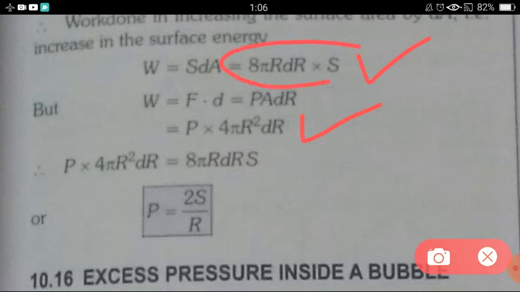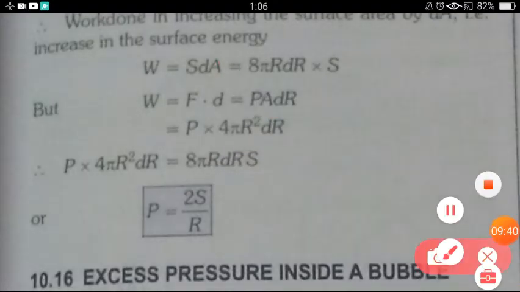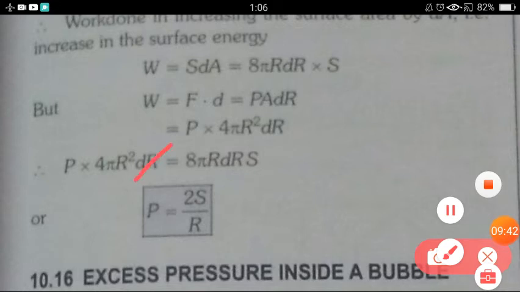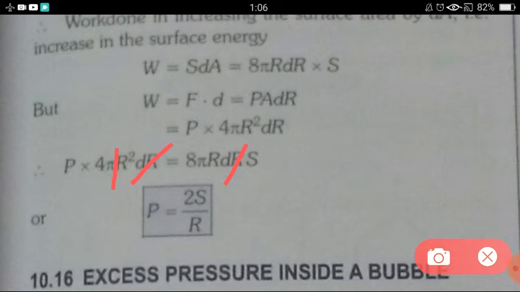So this one and this one are both the work done on that liquid drop, so they will be equal to each other. When we equate them, dr will cancel with dr, pi will cancel with pi, 4 ones are 4, 4 twos are 8, and one r will cancel with r.